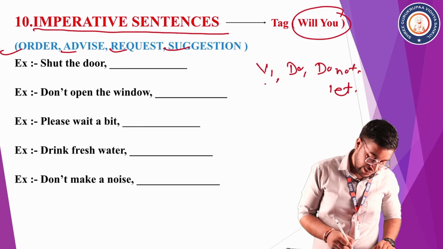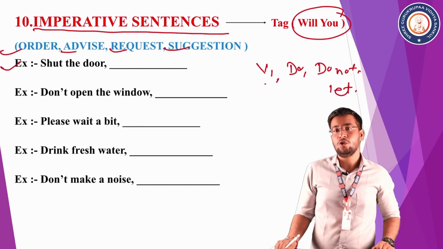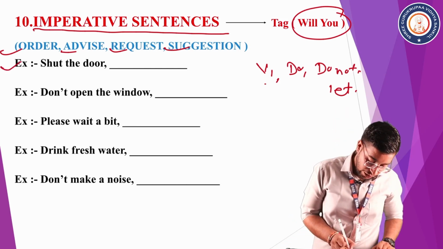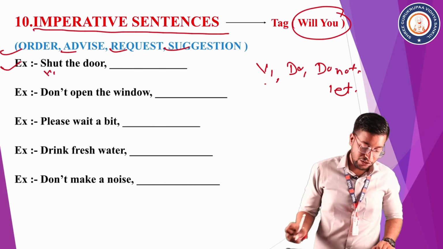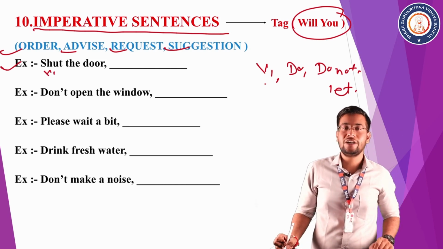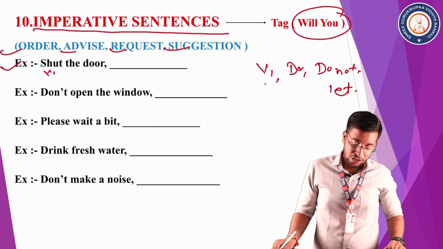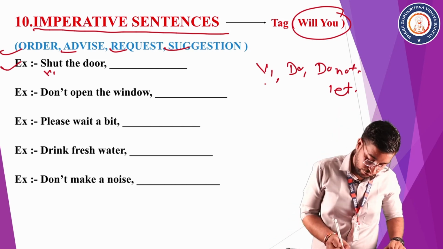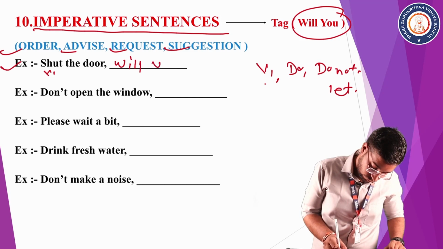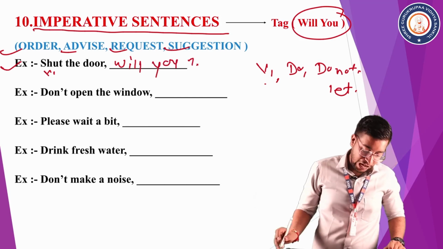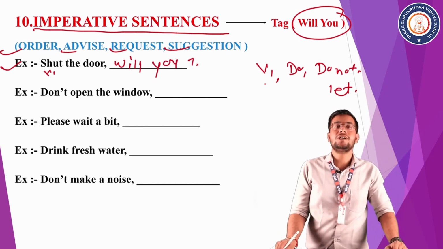Our first example is, shut the door. If you look, it begins with V1, and this is an example of an imperative sentence. You are ordering someone. So we will use the tag "will you" here. Now, our next example, don't open the window.